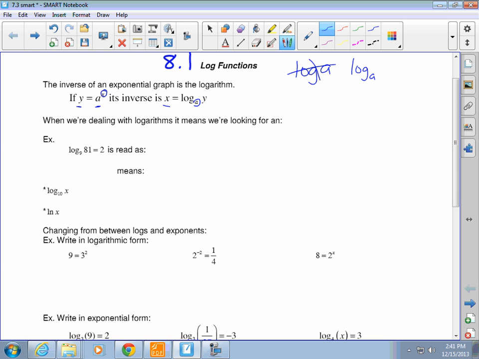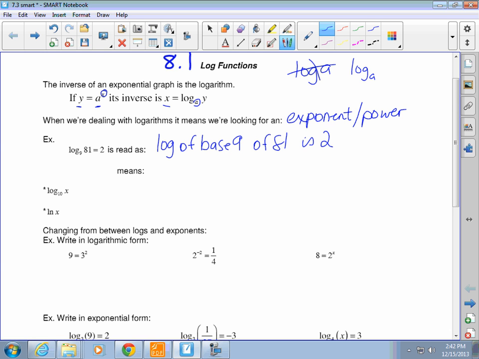When we're dealing with logarithms, it means that we're looking for an exponent. We're looking for what the exponent, or the power, is that gave us that answer. For example, log_9 81 = 2 is read as log base 9 of 81 is 2.